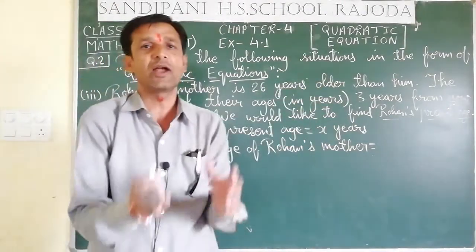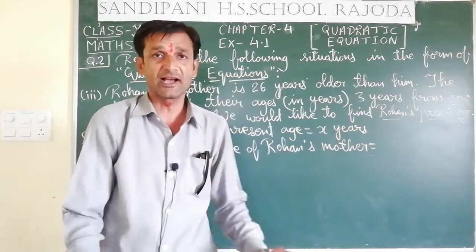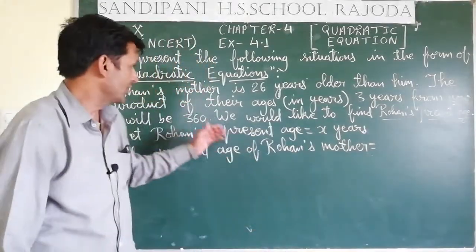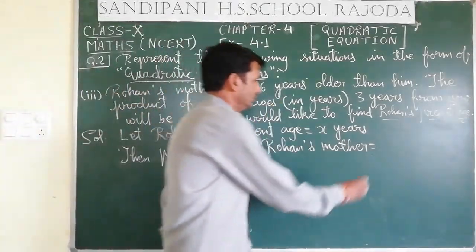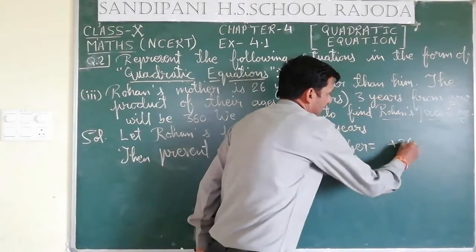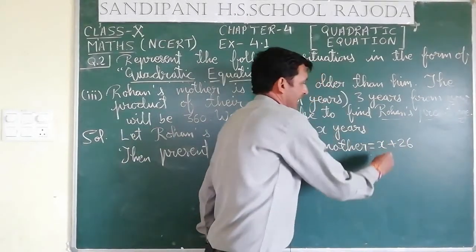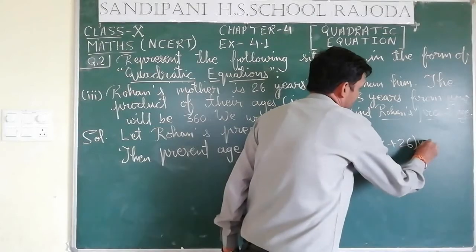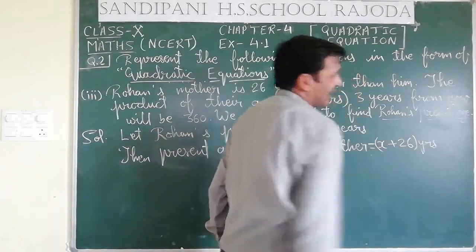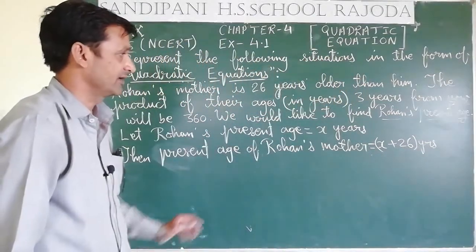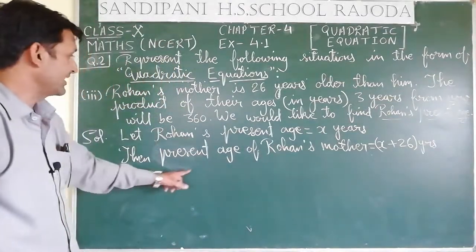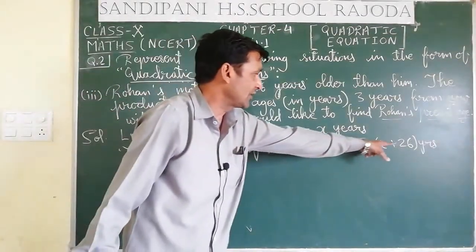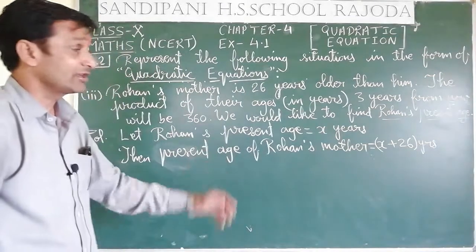Older means we have to add, younger means we have to subtract. So here we have to add 26 in x. So it will be x plus 26 years. Years you may write YRS, it is short form of years. So then present age of Rohan's mother is equal to x plus 26, but it is not the required condition.